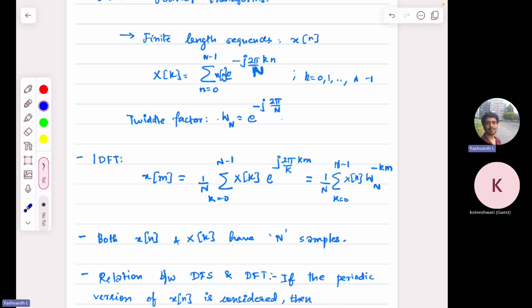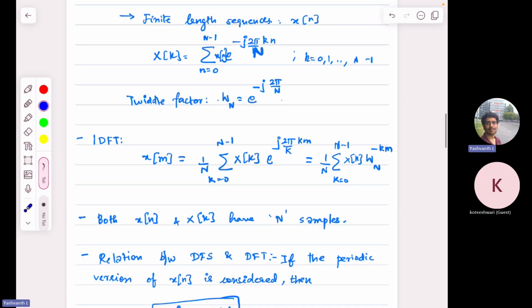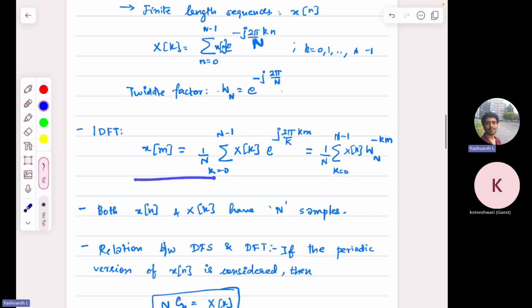In terms of the twiddle factor, you can write the definition for inverse discrete Fourier transform as 1 over N times the sum of X of k times W power minus km. That's because W subscript N is defined as e power minus j 2 pi by N. If you want to define e power plus j 2 pi by capital N times small k times small m, you have to take a negative sign here, so it becomes W subscript N power minus km.